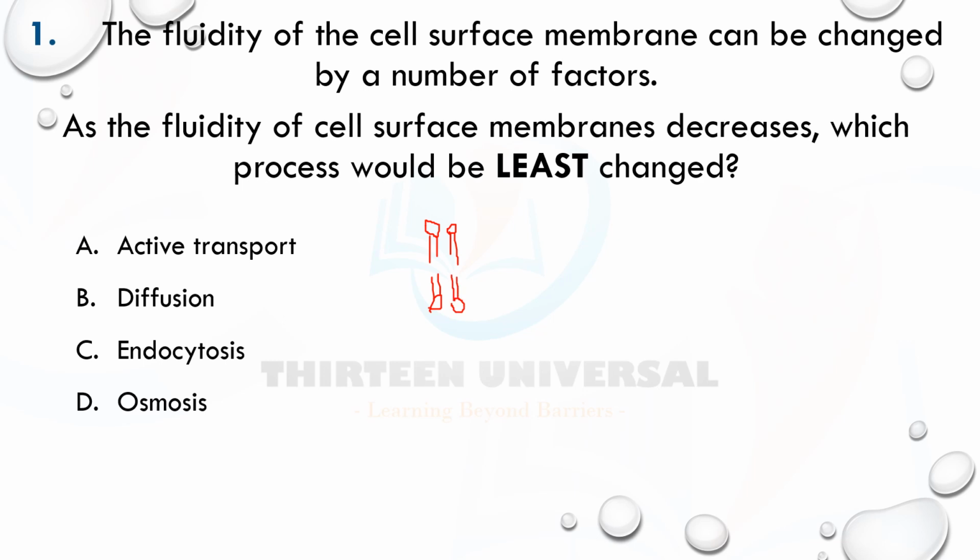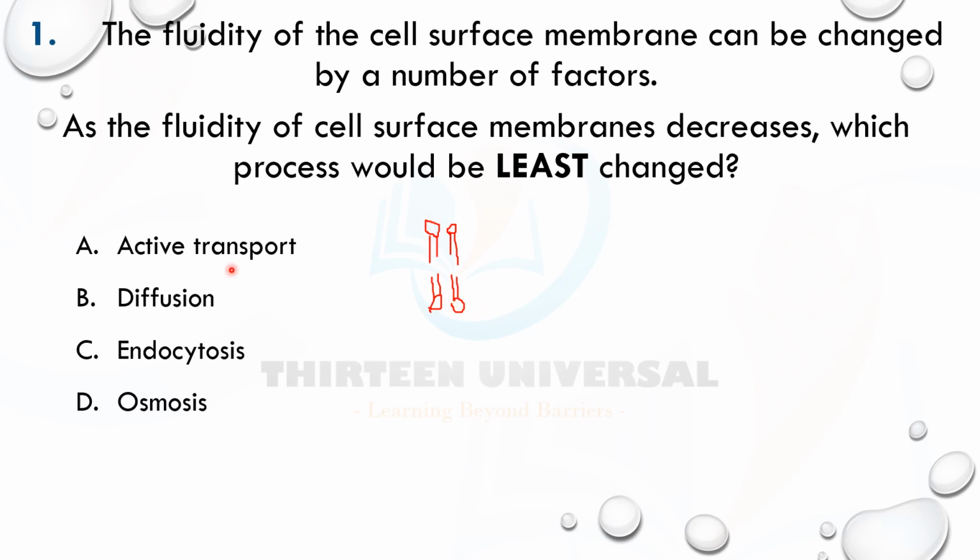So this is the phospholipid bilayer. Now the next thing we're going to ask ourselves is which of these processes require the phospholipid bilayer? Which of these processes require molecules passing through this membrane?